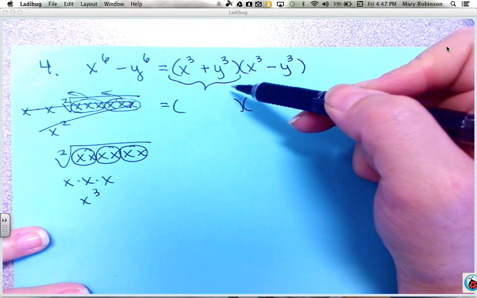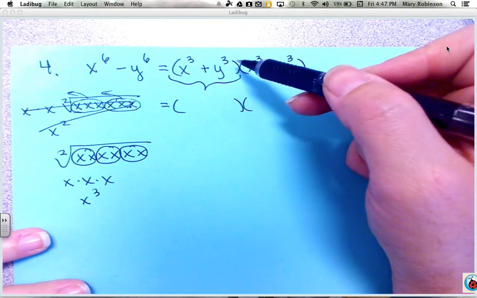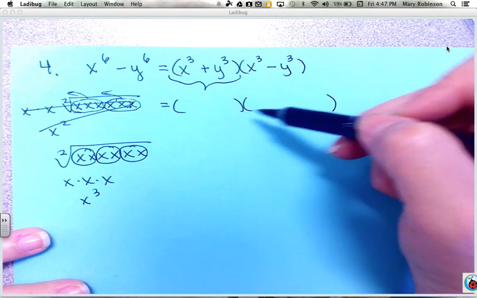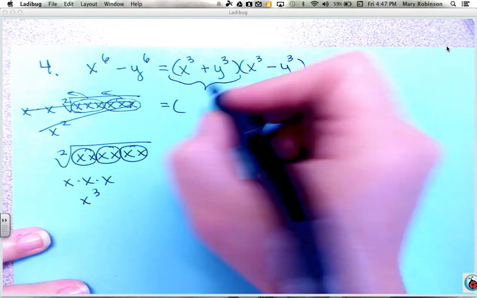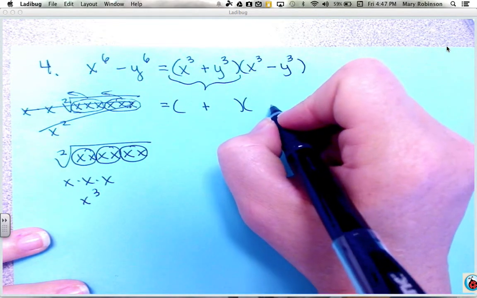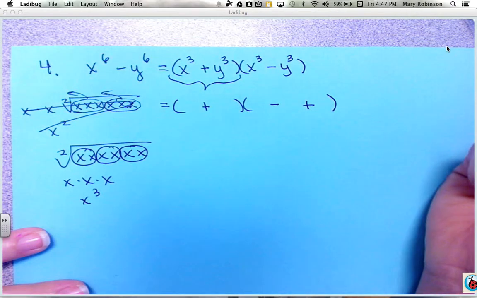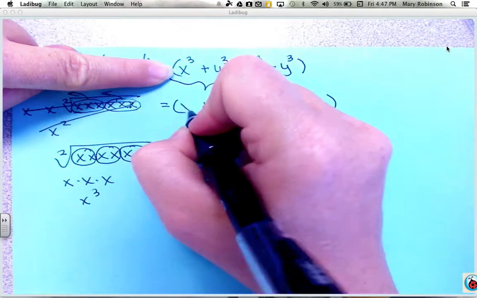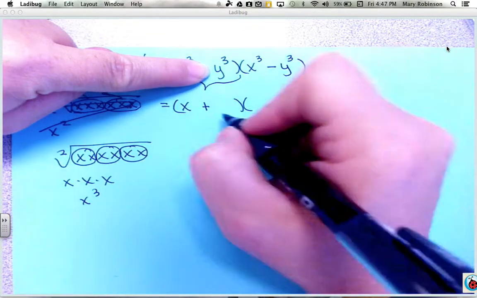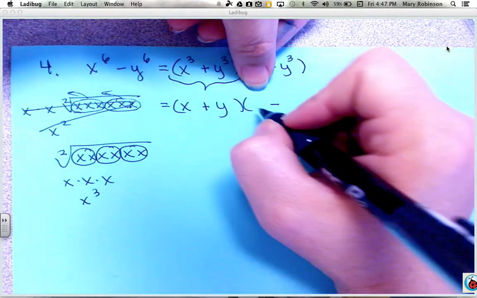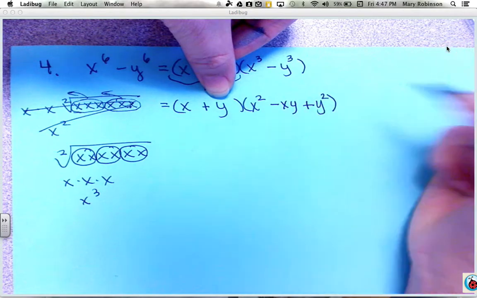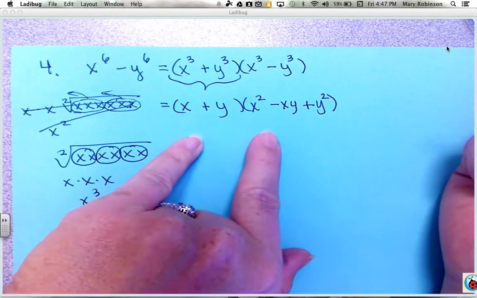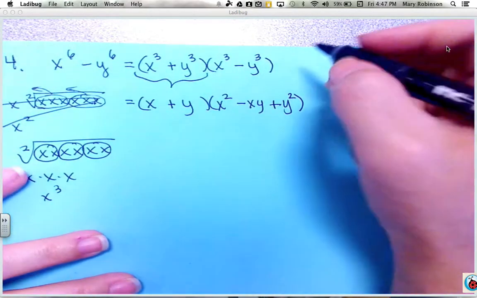If I'm factoring x cubed plus y cubed, I get a binomial times a trinomial like we just spoke about. Because this is a plus, my sign pattern is plus, minus, plus. The cube root of x cubed is x. The cube root of y cubed is y. Then we square, multiply, square. So that takes care of the factors for the sum of cubes.